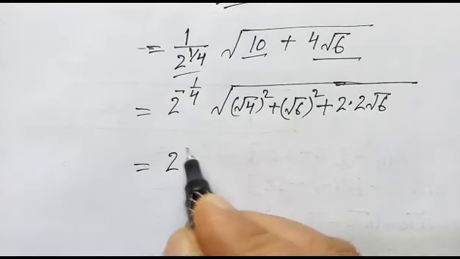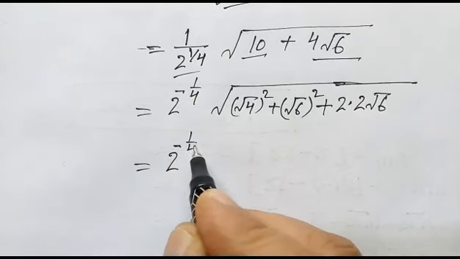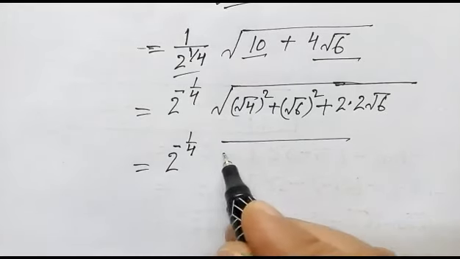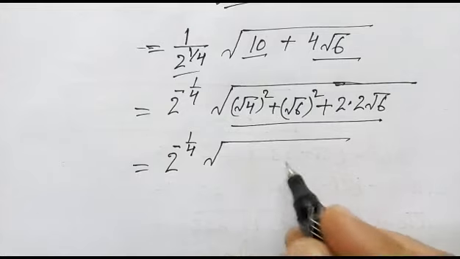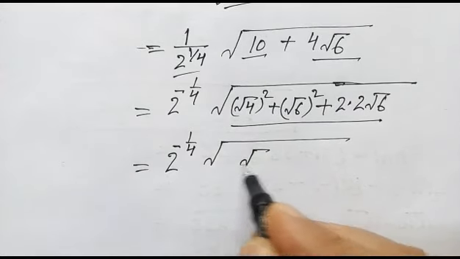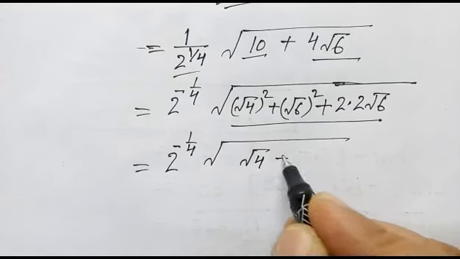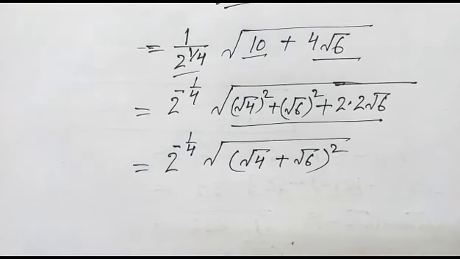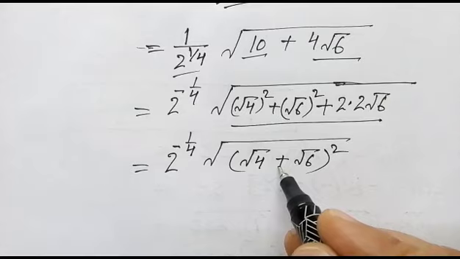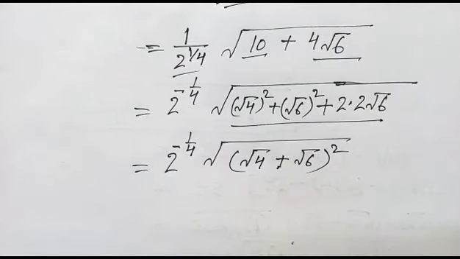Now we have 2 to the power minus 1 by 4 square root of this, which can be written as square root of 4 plus square root of 6 whole squared, right? If we expand this, we get this, okay?